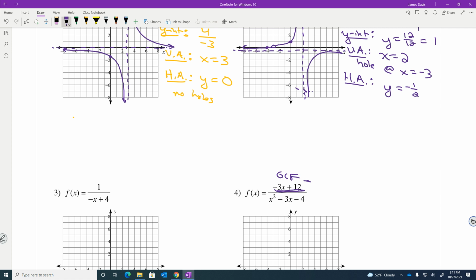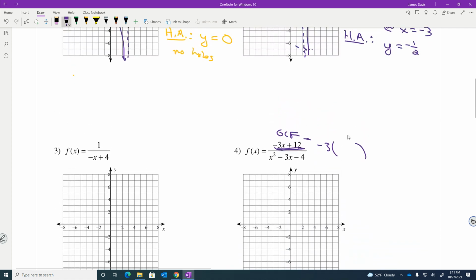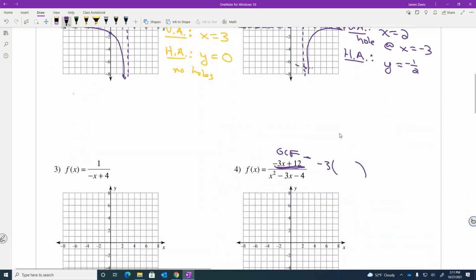The greatest common factor is going to be a negative and something else. What would you pull out of here? -3. Yeah, -3. Then I want you to finish the rest. That'd be the factored form at the top. And then the bottom factors as well. There'll be one that cancels just like the one above it.